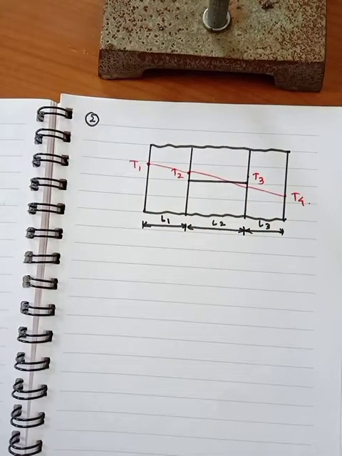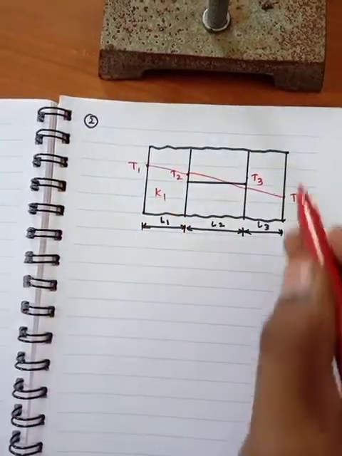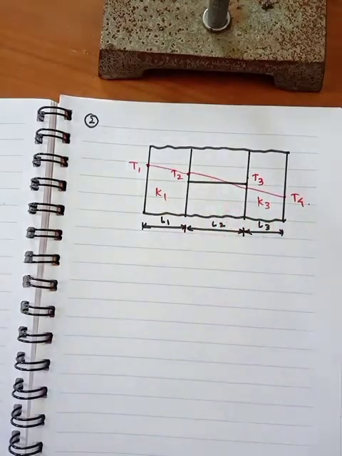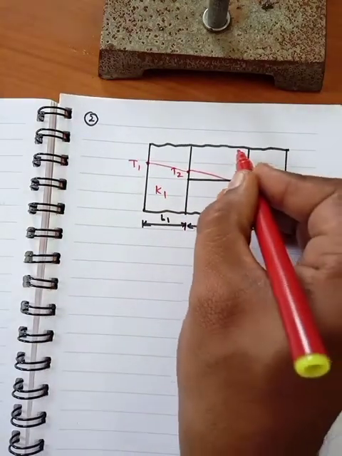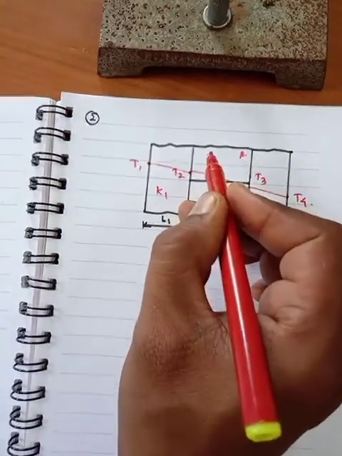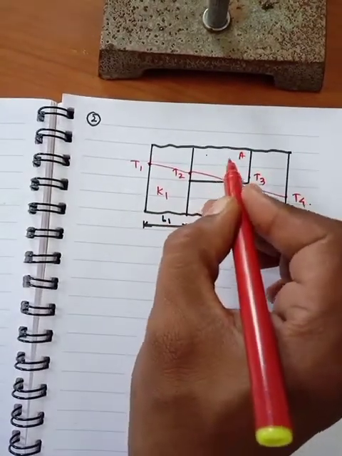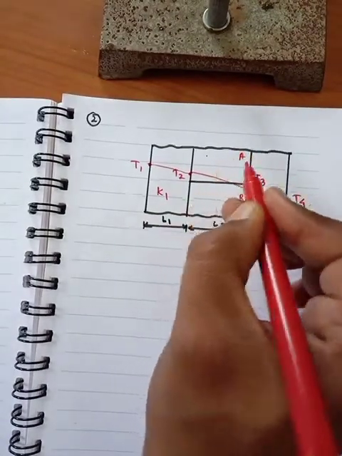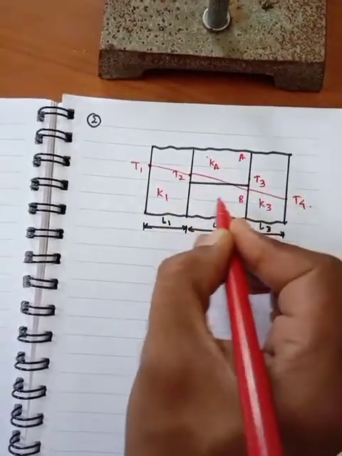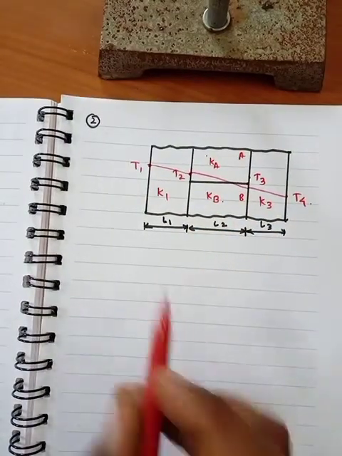Now here the thermal conductivity of the first layer is K1 and of the last layer is K3, and we will consider these two materials as A and B. The thermal conductivity of this material is Ka, and this material has thermal conductivity Kb.